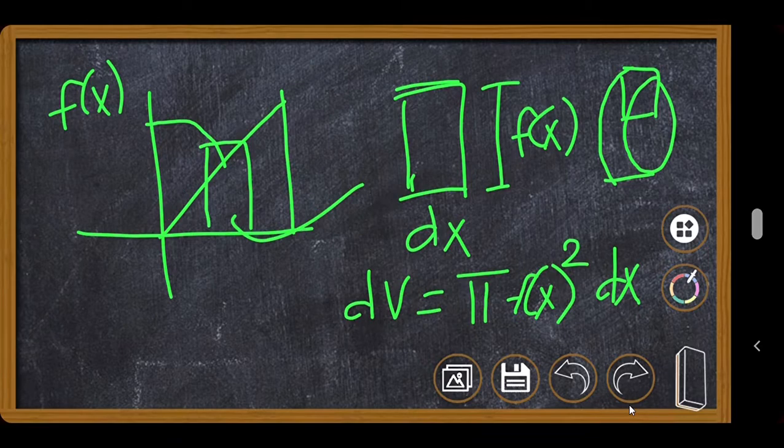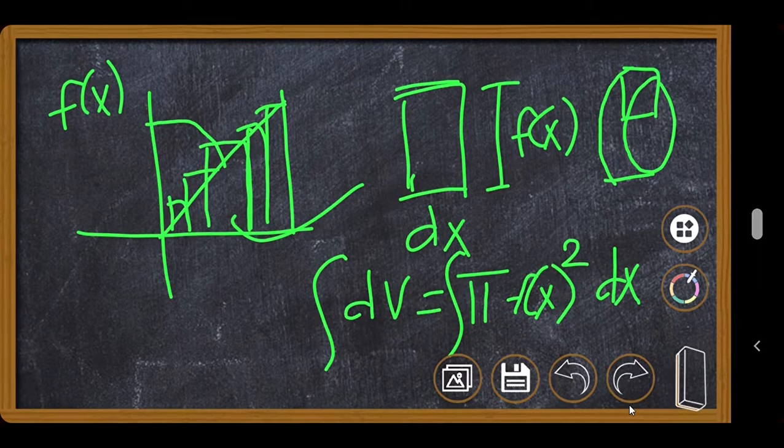Now let's draw more rectangles right here and sum all of those volumes up. Now how are we going to sum those volumes up? We just integrate our differential volume to find our whole volume when these rectangles all are revolved around the axis.